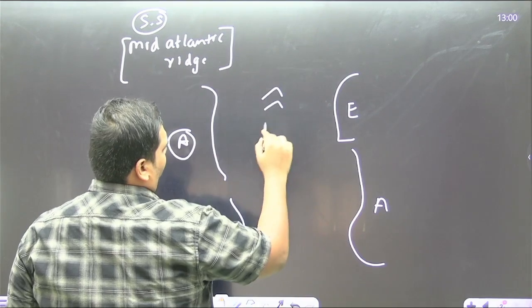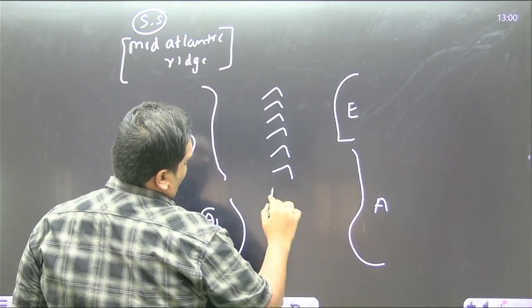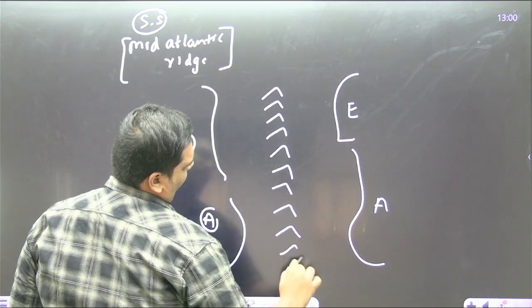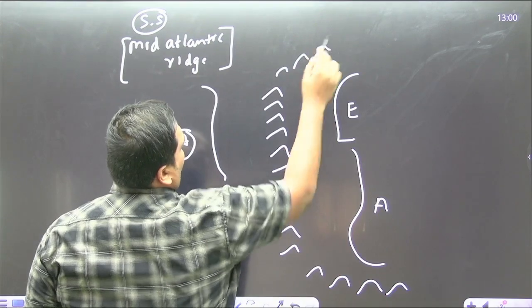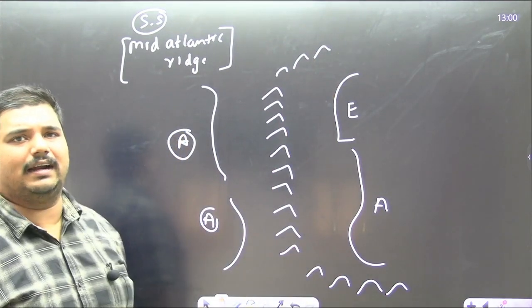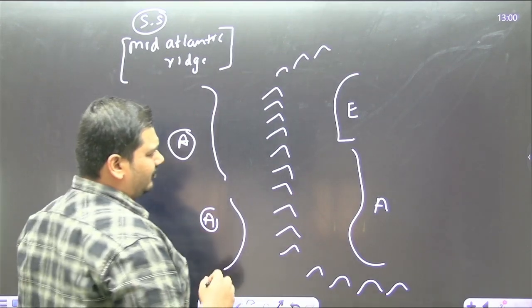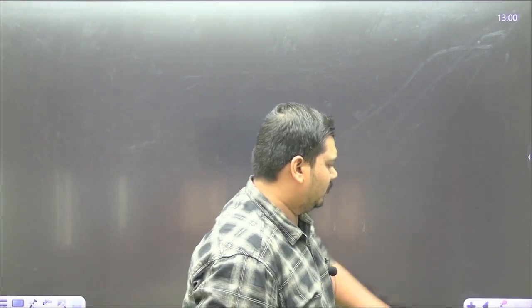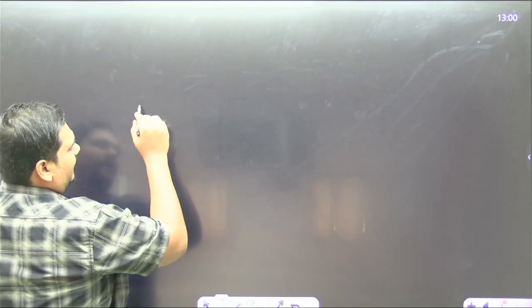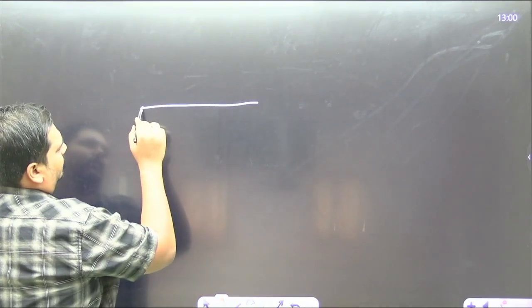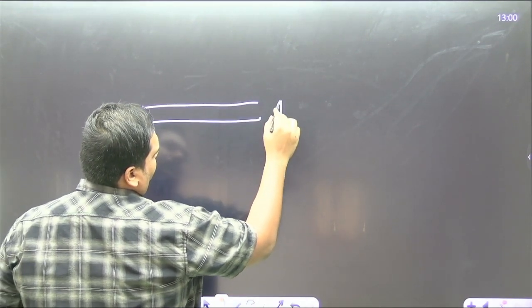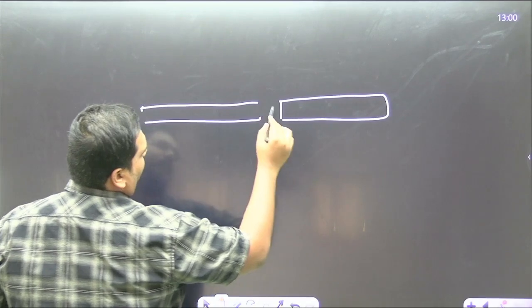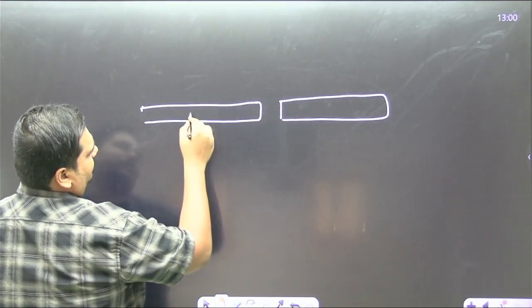Here you will see these parallel mountain ranges that are found within the Atlantic Ocean. According to Edward Suess, this is your lithosphere. These are different plates.